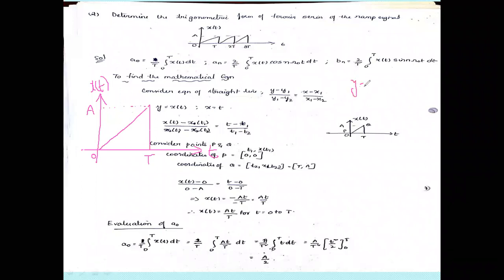Or we know y is equal to mx plus c, where m is the slope. y minus y1 is equal to m, where m is nothing but (y2 minus y1) by (x2 minus x1), into (x minus x1). This is the formula we have. That is, y minus y1 is equal to m into (x minus x1), where m is the slope here. What is the slope? (y2 minus y1) by (x2 minus x1).